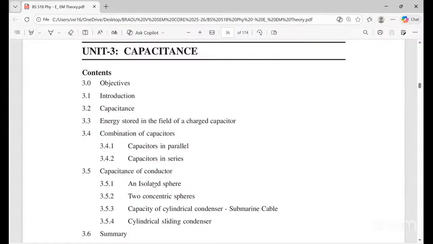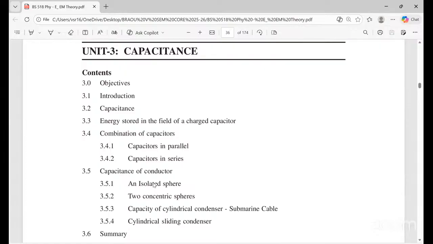Q is measured in coulombs, V is measured in volts. Coulomb per volt is nothing but a farad.